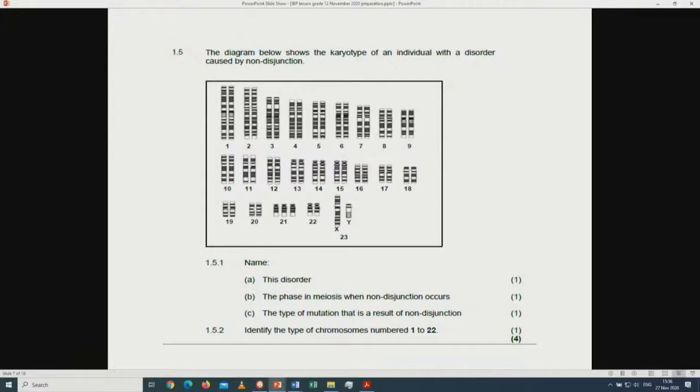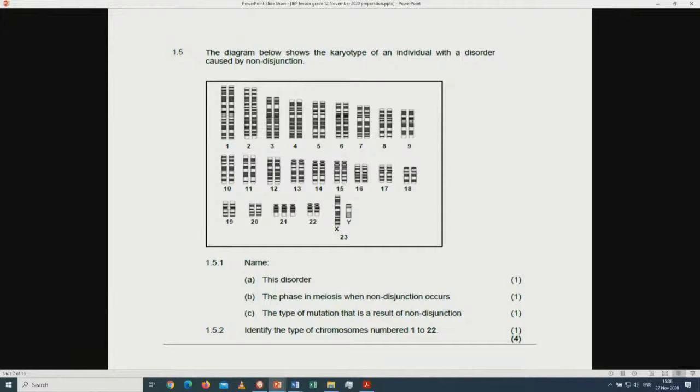Where we know that now, instead of pair 21 in the karyotype having 2 chromosomes, it now has an extra copy of the chromosome that was caused by a phenomenon that we call non-disjunction, and it leads to a disorder that we call Down syndrome.